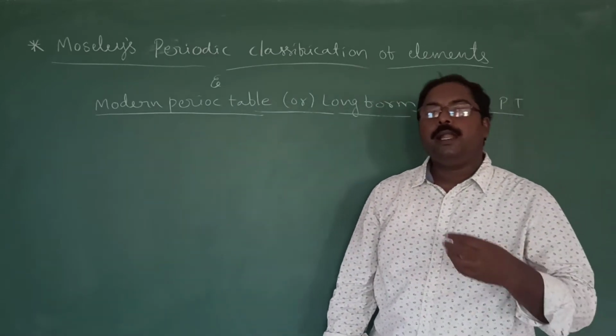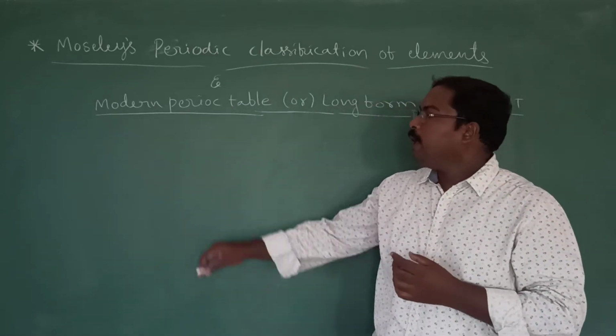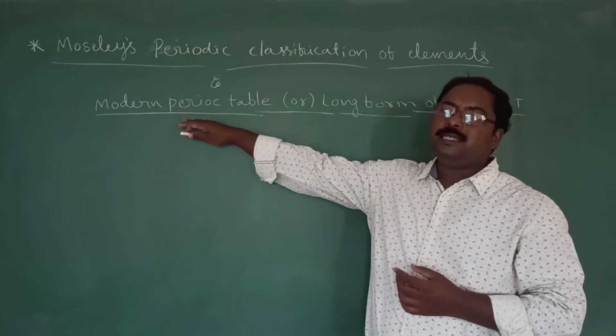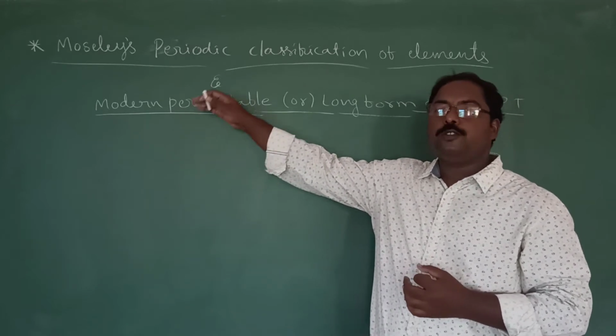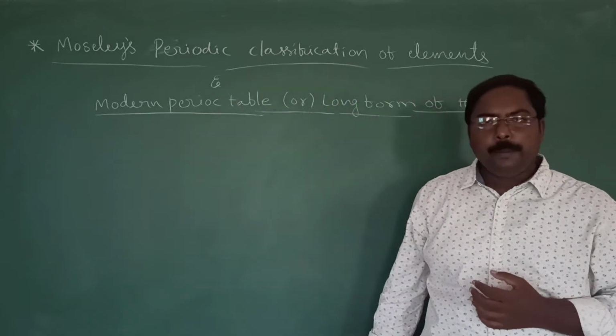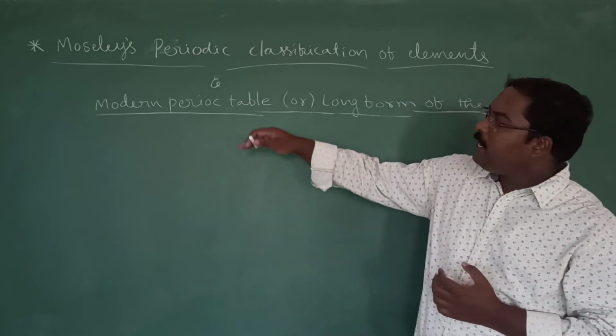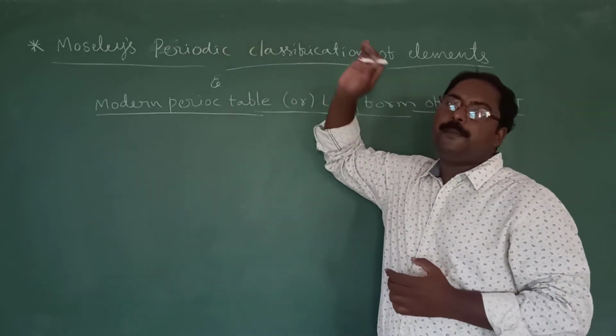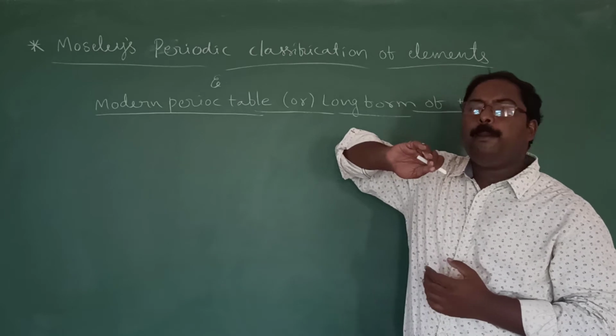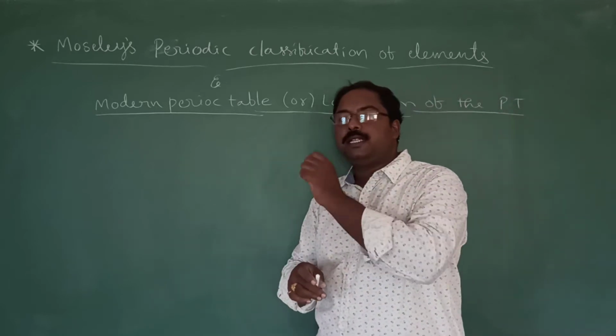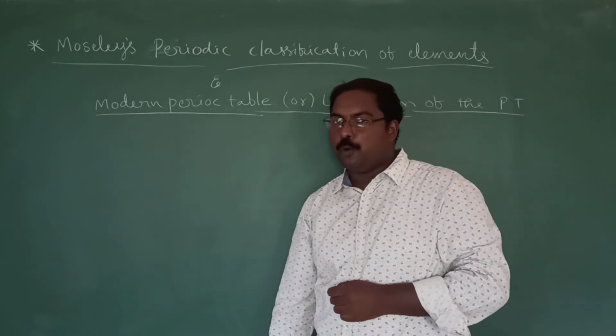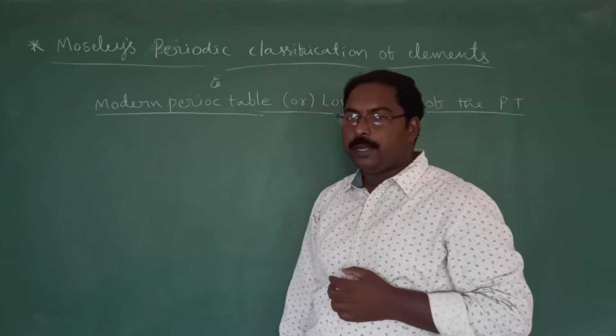Okay. Nowadays what periodic table are we using? It is known as the modern periodic table, also the long form of the periodic table. Okay. It is obtained from this Moseley's periodic classification only, but a small correction was done by Niels Bohr. Okay, let us discuss it.